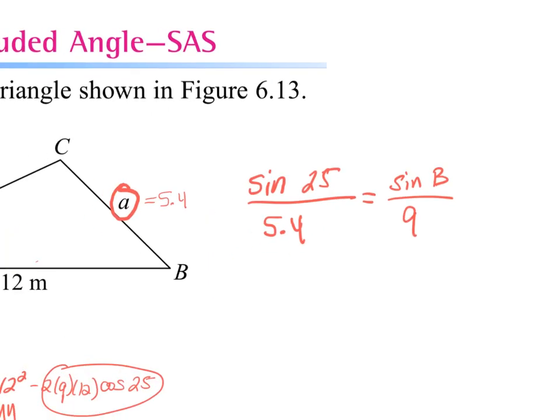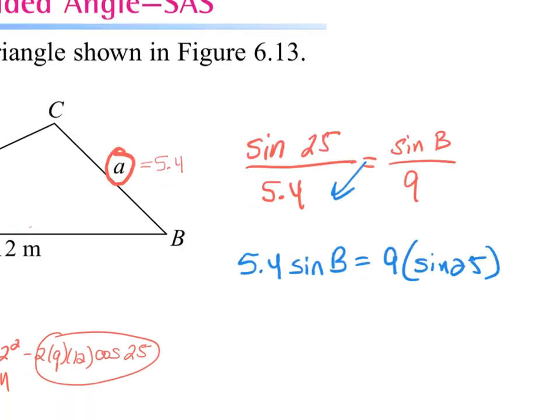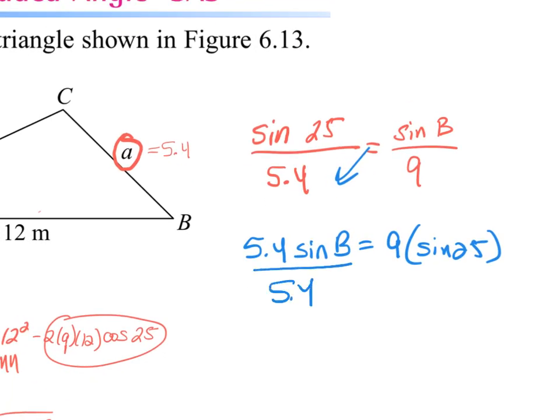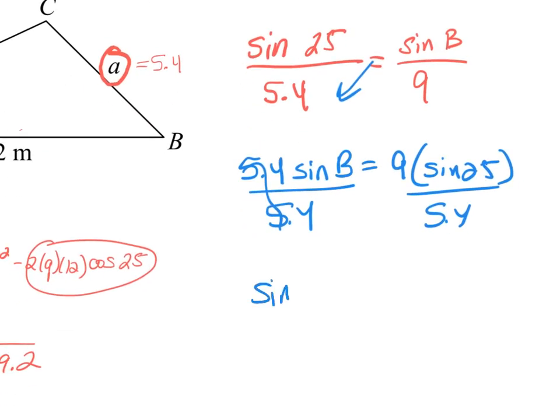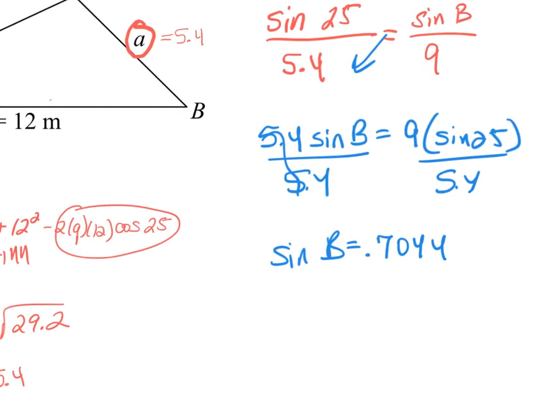So if we cross multiply, right? Divide by 5.4. So give me 4 decimal places. Sine of B is 0.7044. Okay.